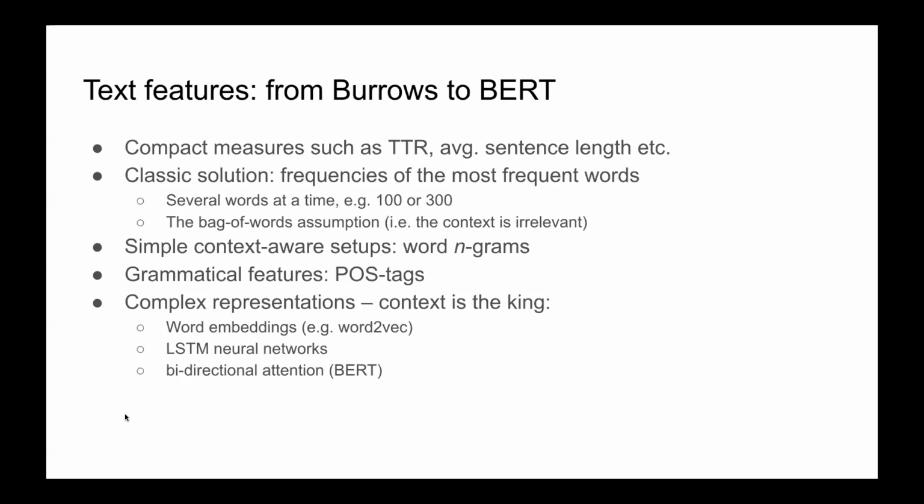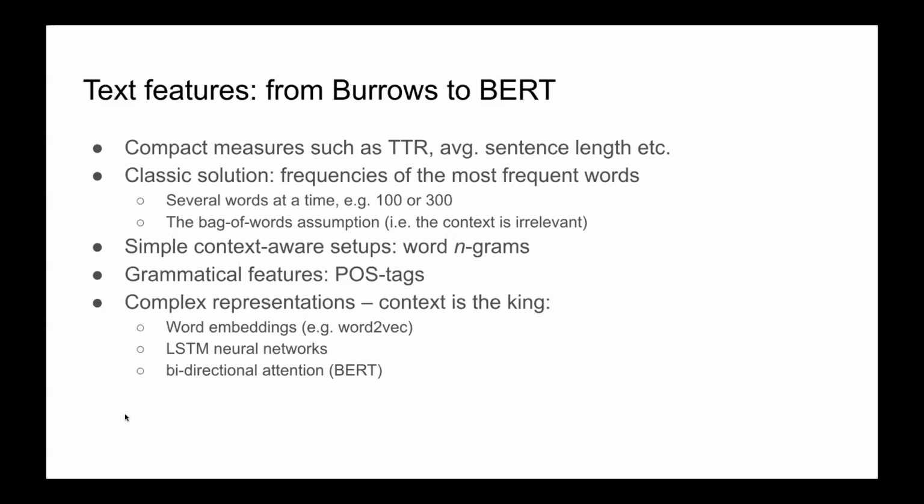But the lesson we've learned is that if we switch to other features, not lexical but grammatical features, such as grammatical categories of the words, so part of speech tags, then we can combine them into pairs, into triples, into those combinations of n-grams. And there is again an idea how to get some context into the game.